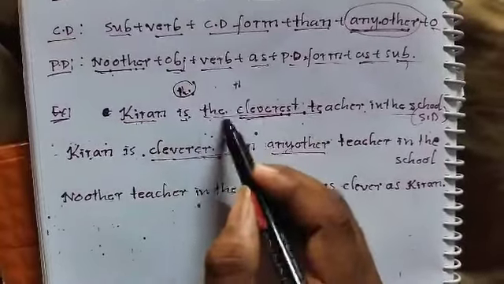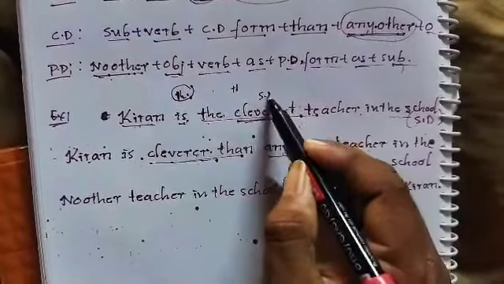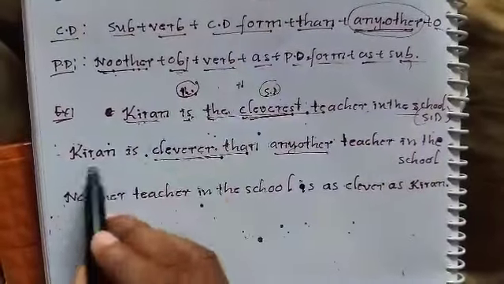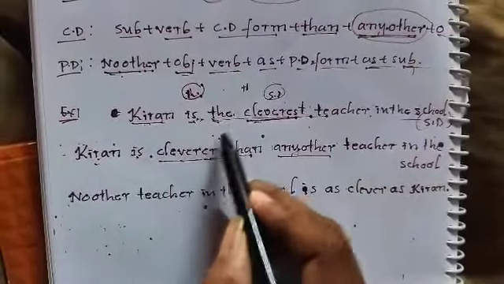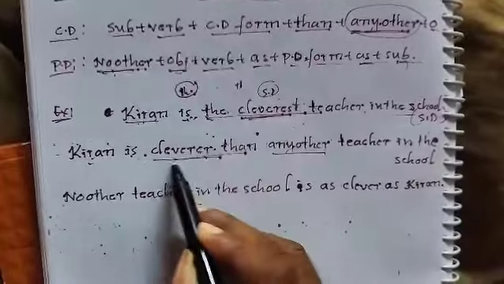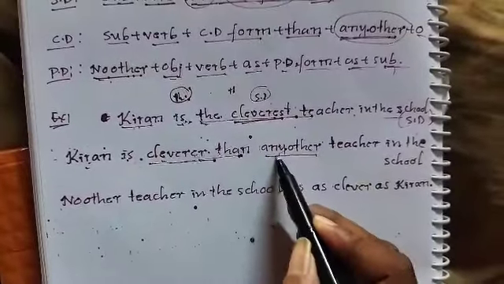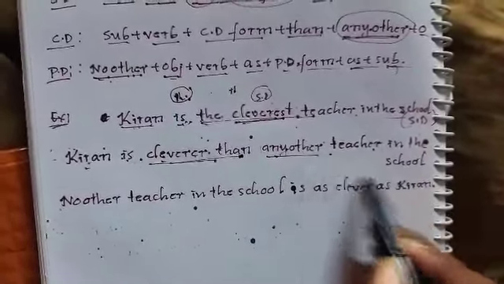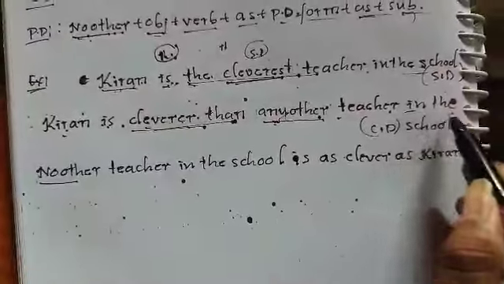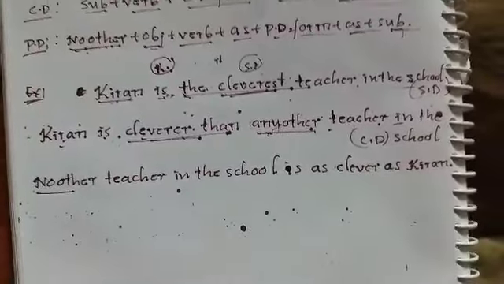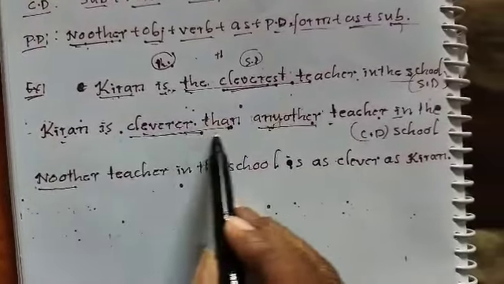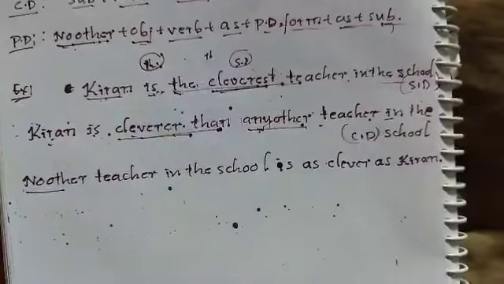Only before the superlative degree do we have to use "the". Kiran is, so in place of this we have to use cleverer than. So next, any other teacher, object form it is. Any other teacher in the school. Okay, Kiran is cleverer than any other teacher in the school.